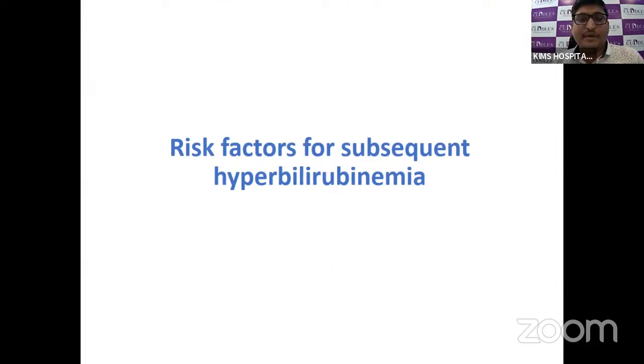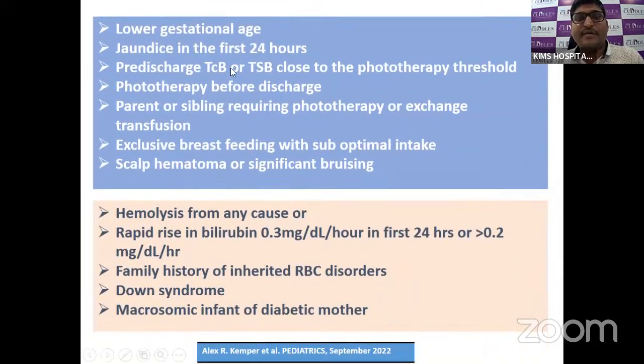Okay, these are the risk factors which lead to subsequent hyperbilirubinemia, or exaggerate the physiological jaundice in most neonates. These can be immaturity or lower gestational age, jaundice in the neonate in the first 24 hours, pre-discharge transcutaneous or total serum bilirubin close to the phototherapy threshold, phototherapy before discharge, a parent or sibling requiring phototherapy or exchange, exclusive breastfeeding with suboptimal intake, and scalp hematoma. These risk factors can exaggerate the physiological jaundice.